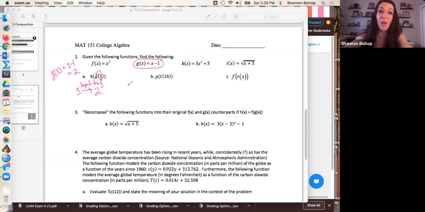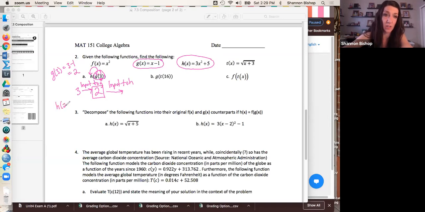Well, not done, because now, compositionally speaking, you then take that answer, go back to your notation, take that answer and plug it in to H. So take this 2 and plug it in to H. So where's H? Here's H. So you have to plug 2 in to H.